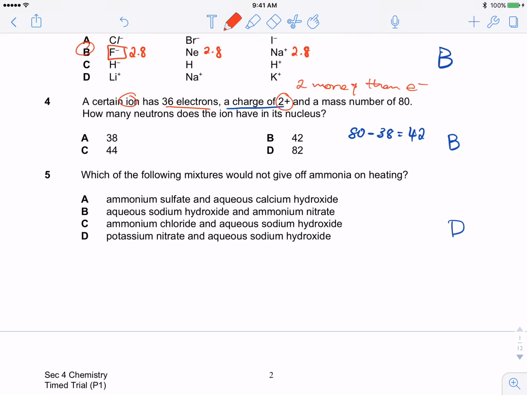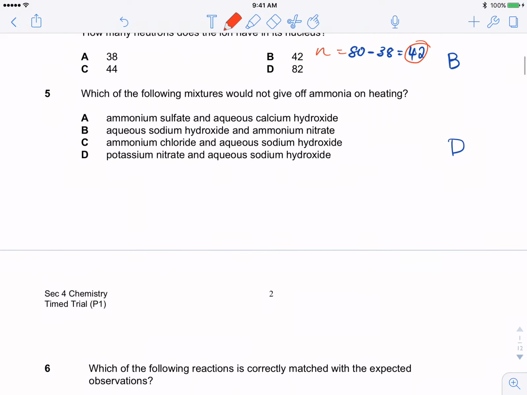So I have 36 plus 2, 38 protons. Mass number is the sum of protons and neutrons. So to find the number of neutrons, I will just take 80 minus 38, I'll get 42. Answer is B.